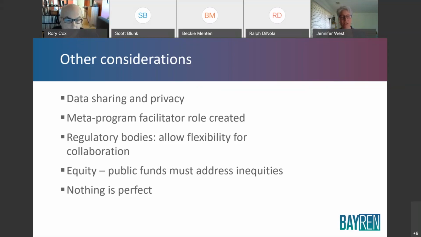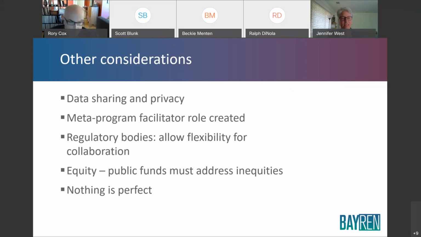If our public funds aren't addressing inequities, then they're furthering the status quo, which we know is not okay. It's not fair to many of our low-income residents and residents of color, disadvantaged communities. So I would like to, again, add, as Ralph did, how important that is. And nothing's perfect. So you're going to have to continue to refine things as you go. It's not going to be launched in that perfect state.